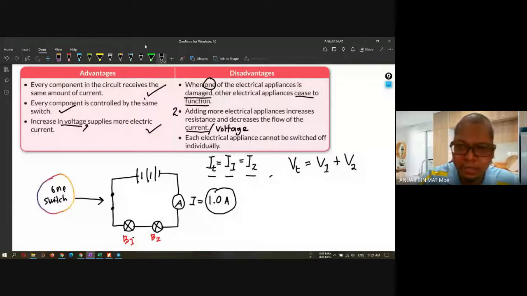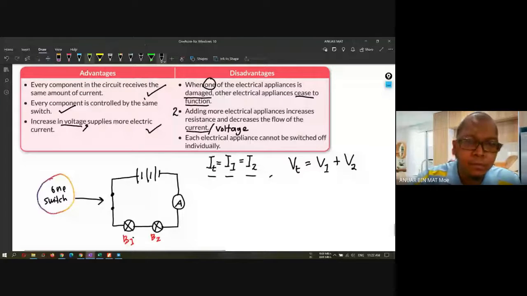You must remember this one. Okay, so meaning that, if I use, for example, this one, 3 volt.